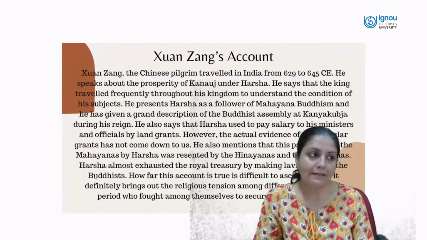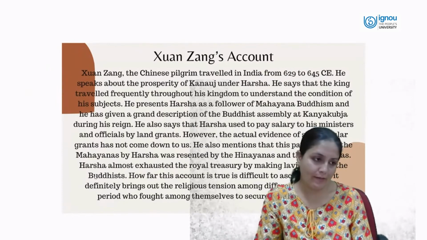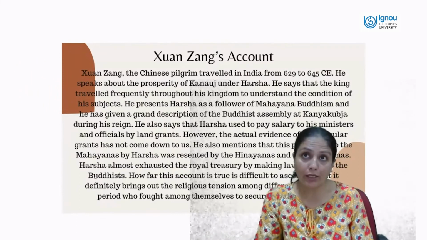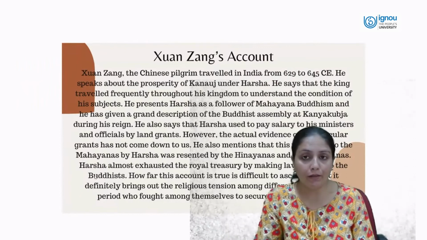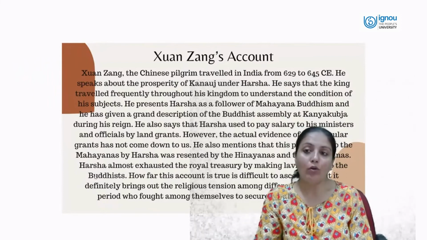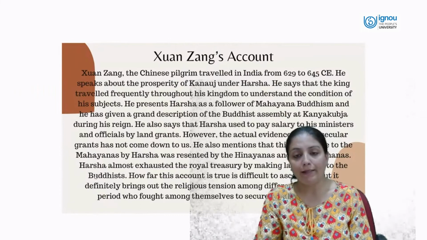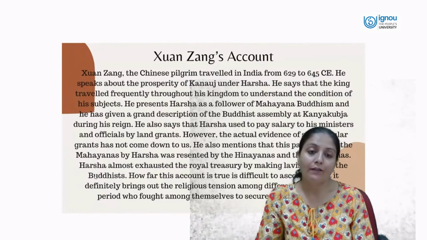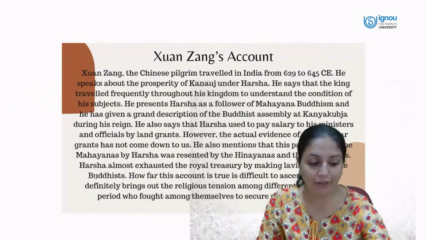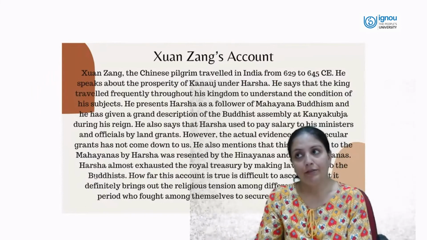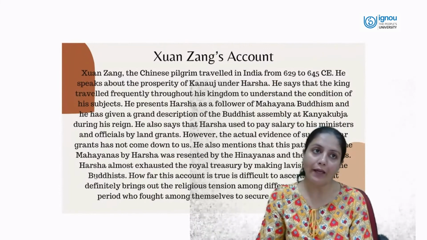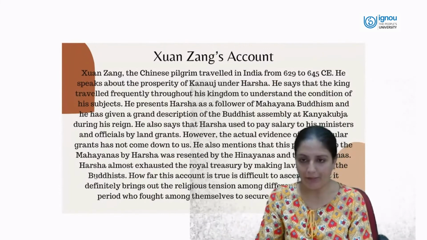The second important question, for units 1, 2, and 3: how can you say that the Gupta period was a golden age? You will have to explain how rich the cultural heritage was at that time. That's why we call the Gupta period the golden age. The other important question is: what were the causes behind the decline of the Gupta period?